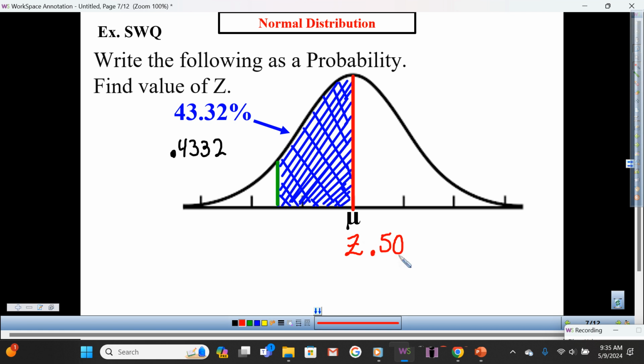So can that help us to get the other Z? Tell your neighbor what to do to get the other Z using that. What do we do?